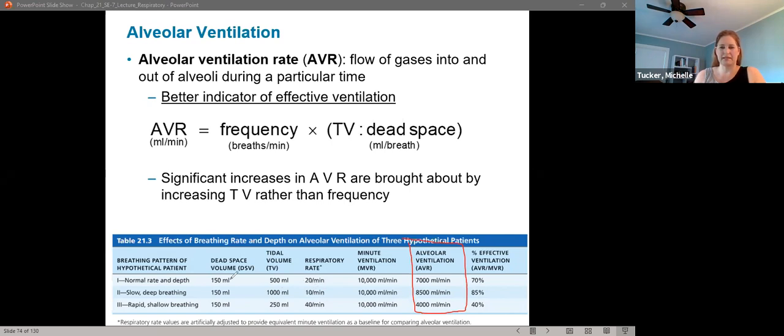This is where that dead space comes into effect, because with rapid and shallow breathing, out of this 250, you still have 150 mils of dead air. So your fresh air is really only 100 mils. With slow and deep, you are bringing in 850 fresh mils of air per breath, and then normal is 350.